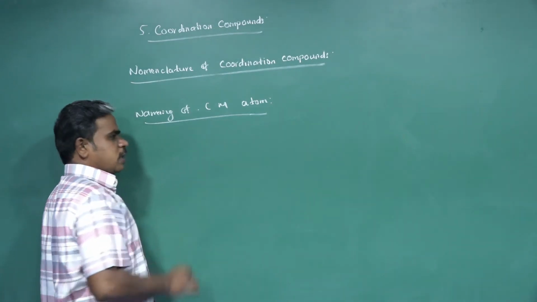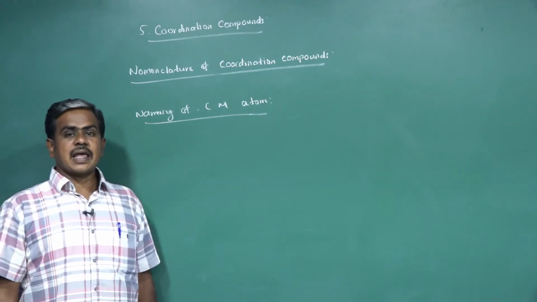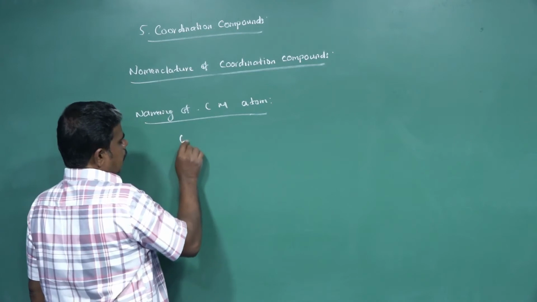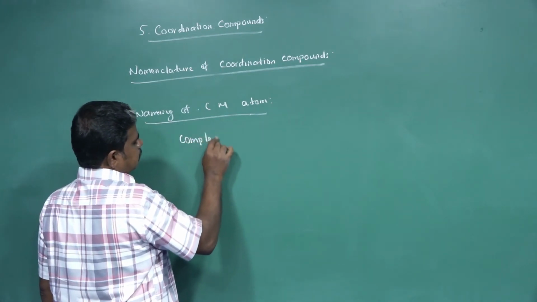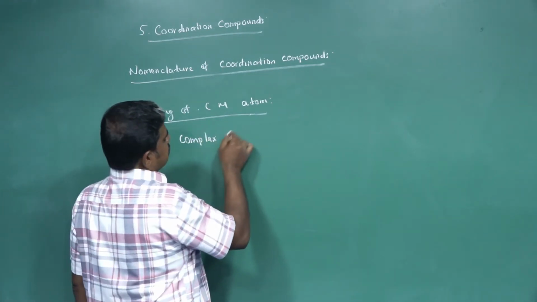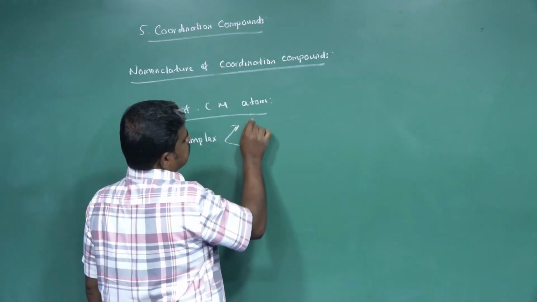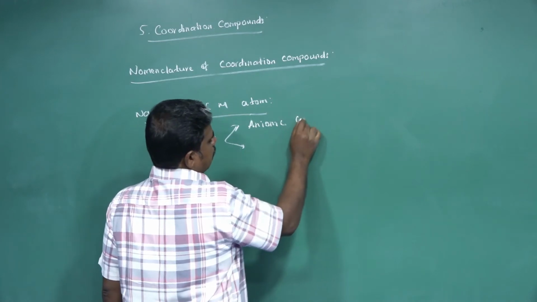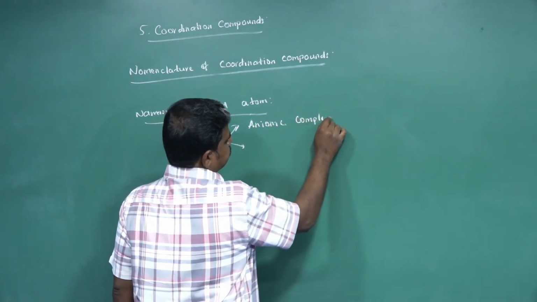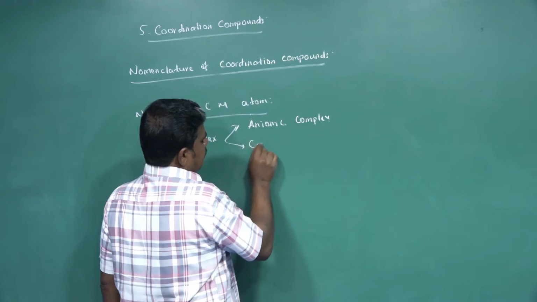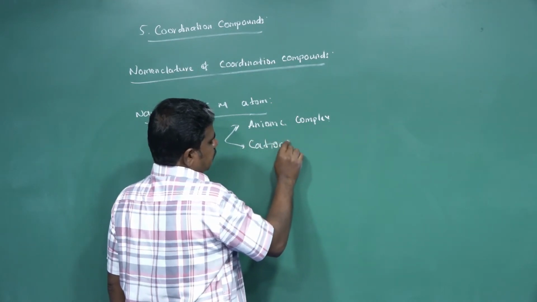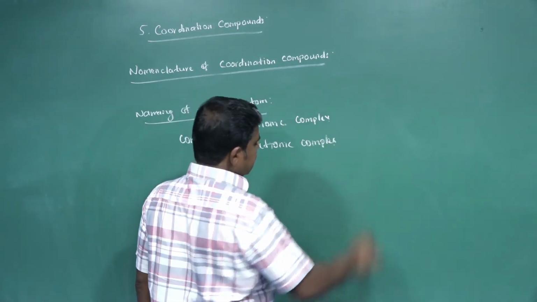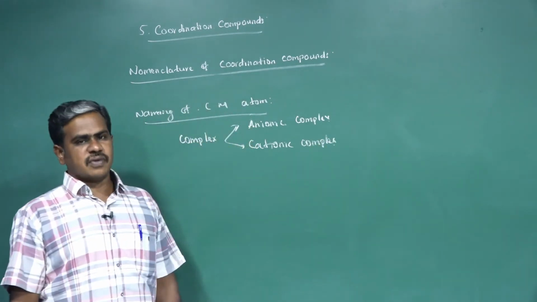There are two types of complexes: anionic complexes and cationic complexes, depending upon the charge of the complex.